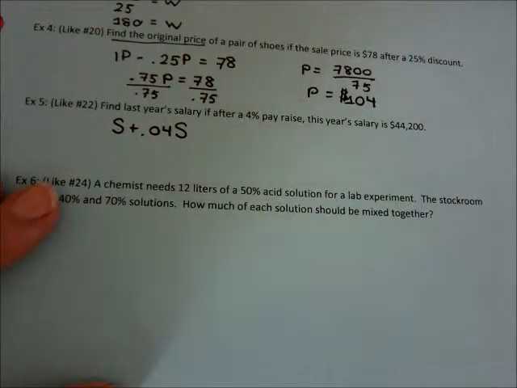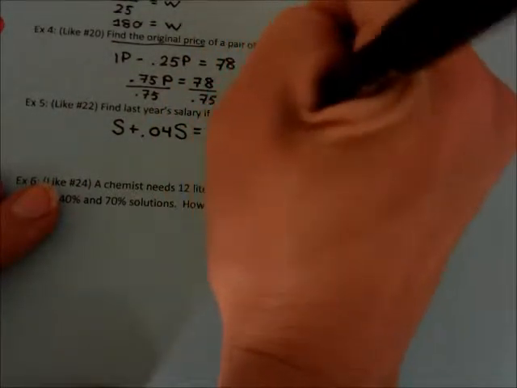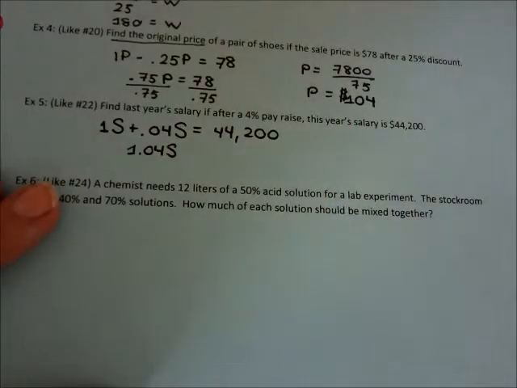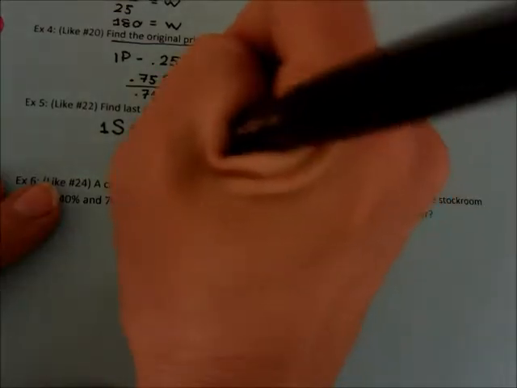Well, it's not 0.04%, it's just 0.04, is equal to the 44,200. So I'm really looking at 1.04S, because again, one salary plus 0.04 of that salary is 1.04S, equal to 44,200.